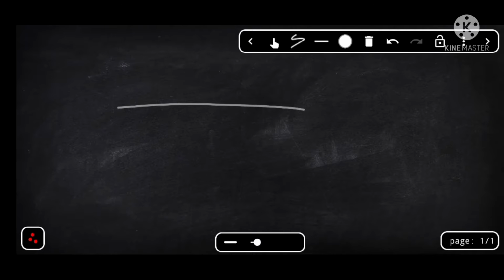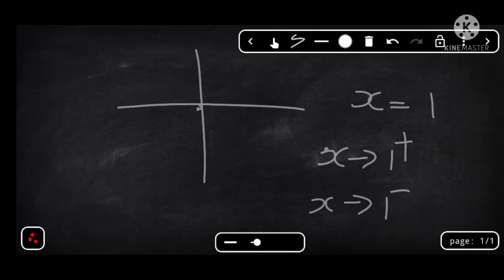So if we are taking x equal to 1, then we will check the continuity for x tends to 1 plus and x tends to 1 minus. What it means? 1 plus means we'll check for the values more than 1, and 1 minus means we'll check for the values less than 1.